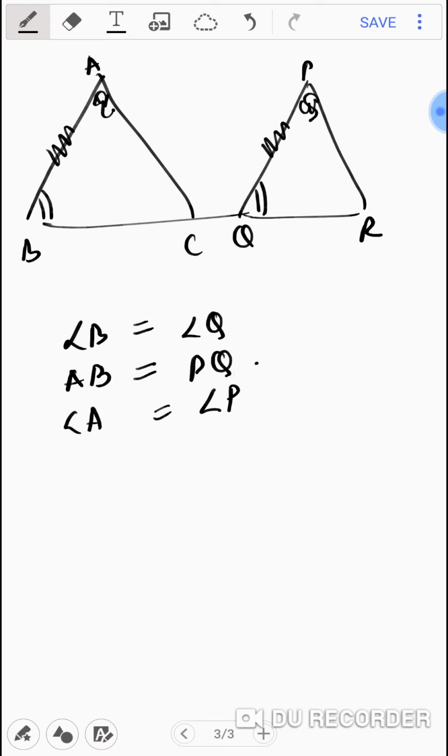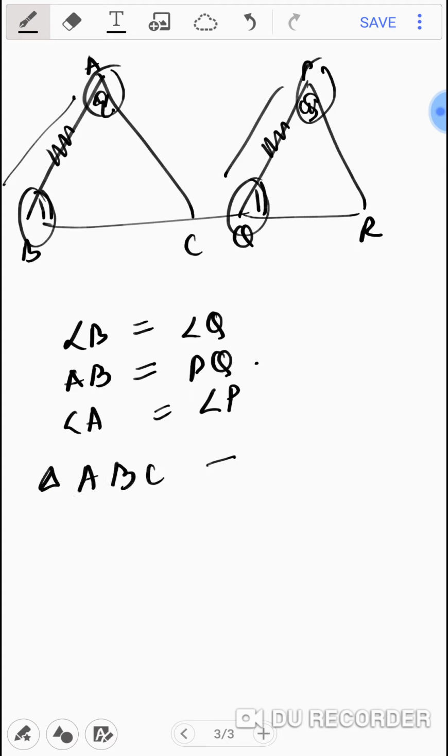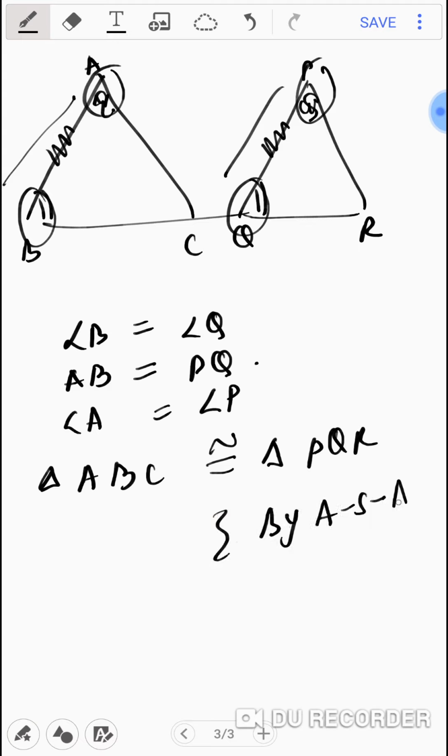The side between the two angles. Can you see these are two angles which are congruent, and the in-between side is there. So triangle ABC is congruent to triangle PQR by the angle side angle test. Got my point clear?